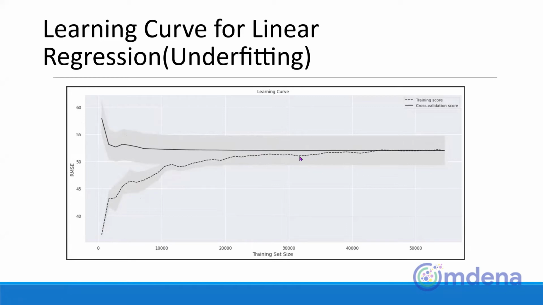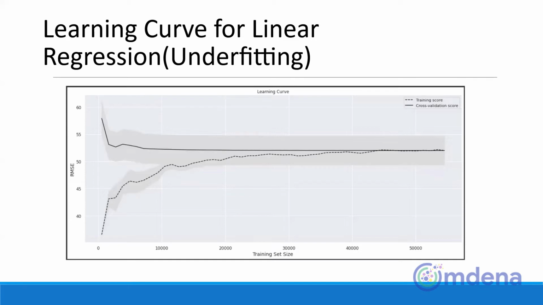But the error for the training data itself is very high, above 50. Since it's high, it's not representing our data properly, so it has high bias. In this case, overfitting is not a problem, so even if we come up with new data points, it won't help. Only a more complex model will help.